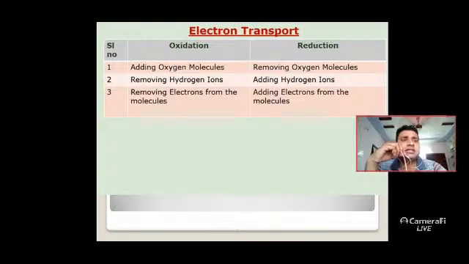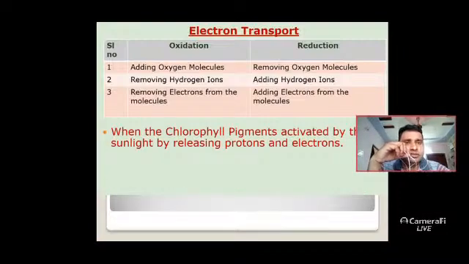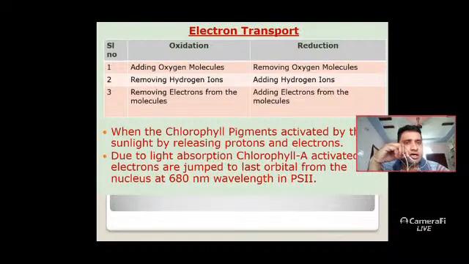So my question is how these electrons are transported from photosystem 2 to photosystem 1 and then to the dark reactions. I already told you, the first step is the chlorophyll pigment is activated, and after the chlorophyll pigment is activated in the photolysis of water, chlorophyll A absorbs the sunlight and releases some protons and some electrons from photosystem 2.